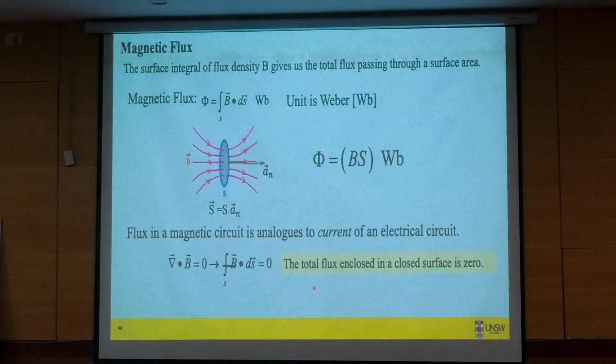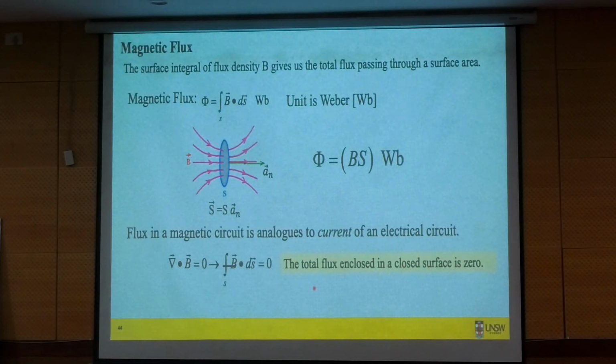The definition of flux comes from the first postulate of magnetic field, that the divergence of flux density B is 0, if someone recalls.